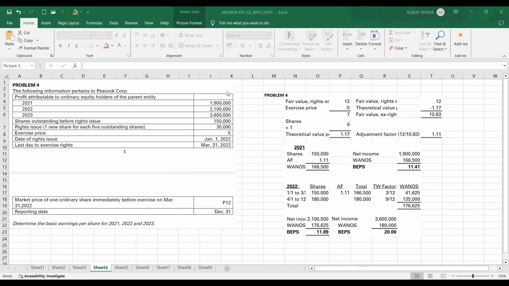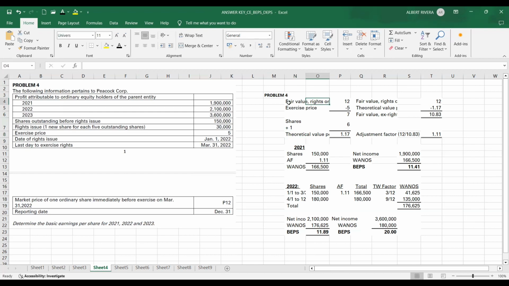Okay. So the starting point here is to determine the adjustment factor. Ginagawa lang naman to kapag merong mga stock rights. Step number 1 would be the computation of the theoretical parity value per right. Okay, paano yun?